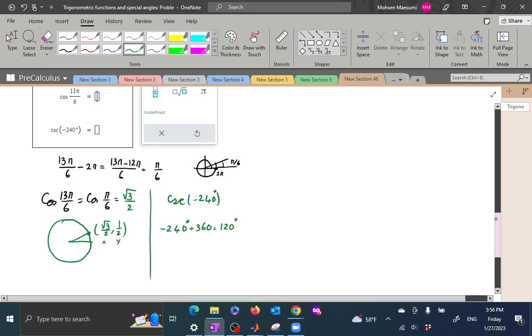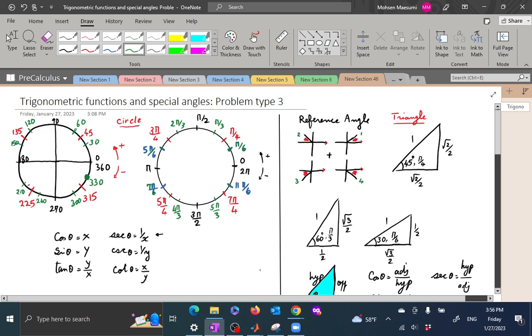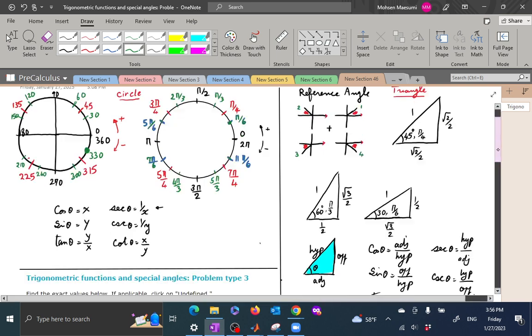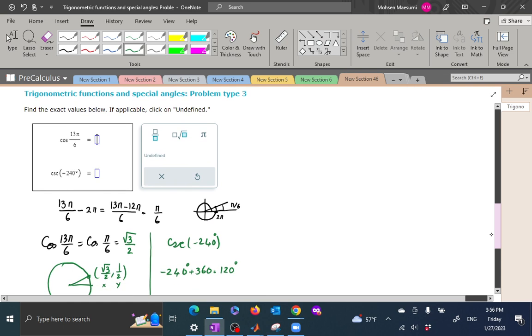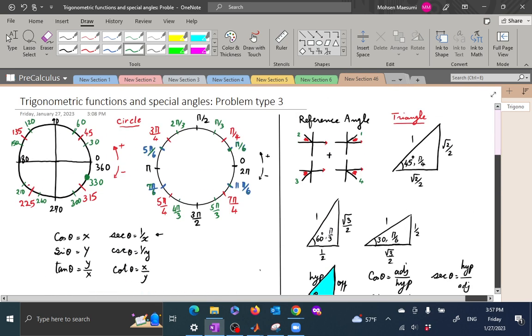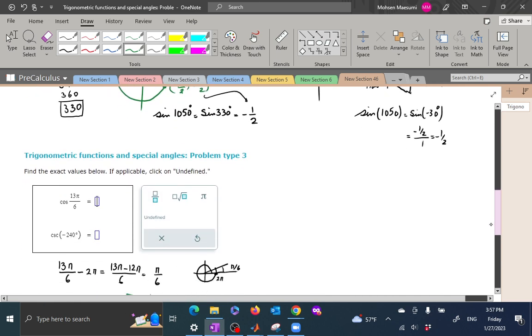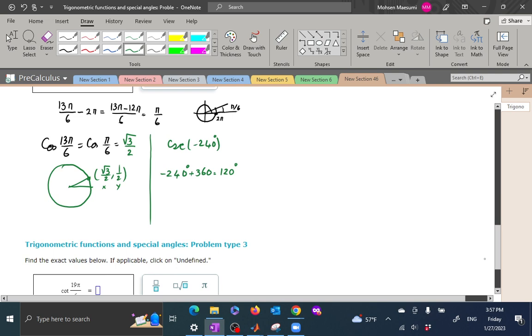So either you have to make your circle and label it in the opposite direction, that's just going to make it that much more crowded with more numbers and more dizzying look, or do what we just did. We took minus 240, added 360 to it, we got 120. So now we know where we are. We are at this location. This is 120. And then from your circle, you have probably something like this.